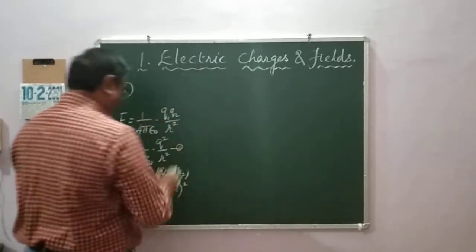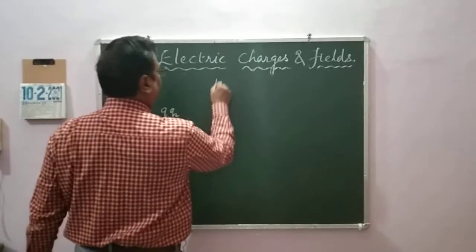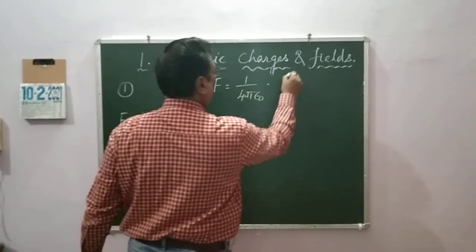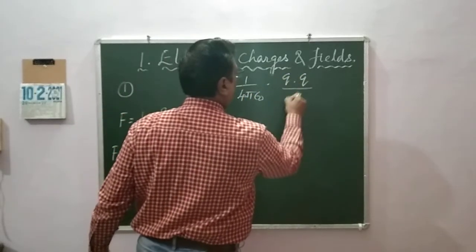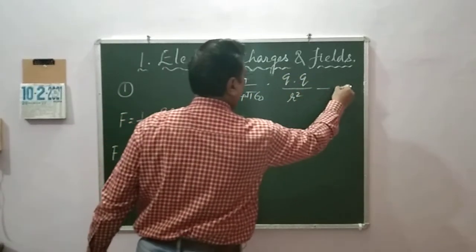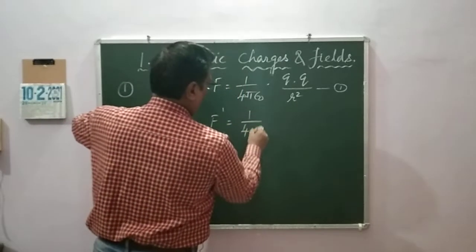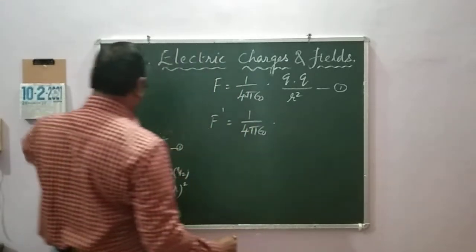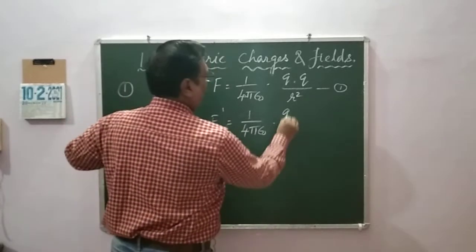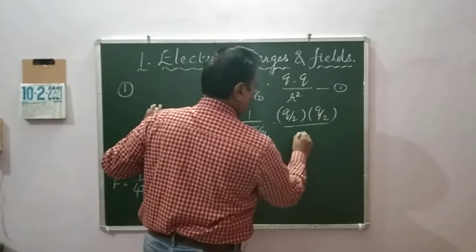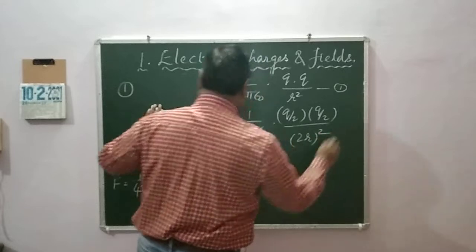So I will write it here for you more neatly. F is equal to 1 upon 4 pi epsilon naught into Q square upon R square, equation number 1. F dash is equal to 1 upon 4 pi epsilon naught into Q upon 2 into Q upon 2 upon 2R the whole square.